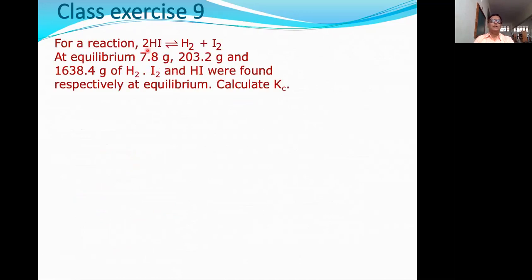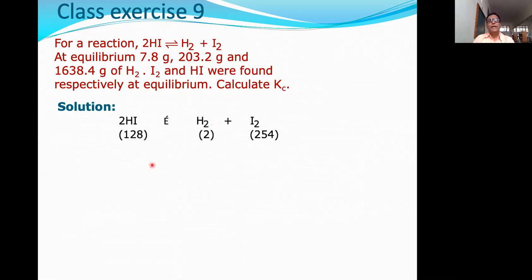Next example, number 9. For the reaction 2HI gives H2 plus I2, at equilibrium 7.8 gram, 203.2 gram and 1638.4 gram of H2, I2 and HI were found respectively. Calculate Kc.